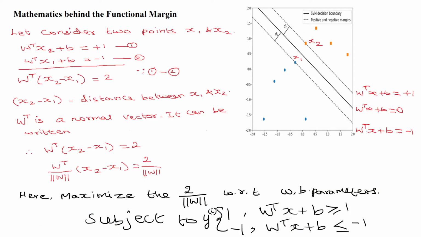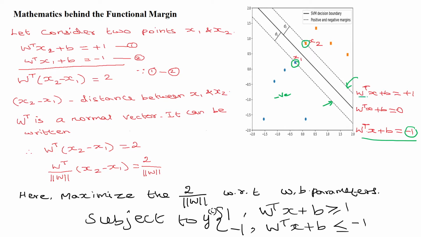In this plot, we have given two-dimensional data, and here is the support vector for the negative class. This line is W transpose X plus B equal to -1. This hyperplane is drawn using this support vector data point.